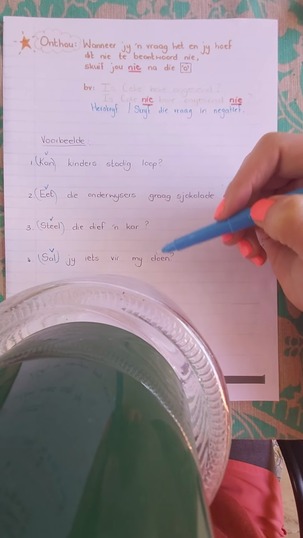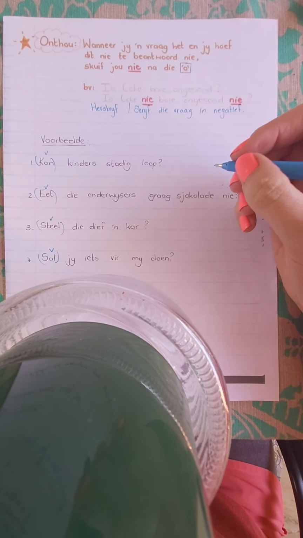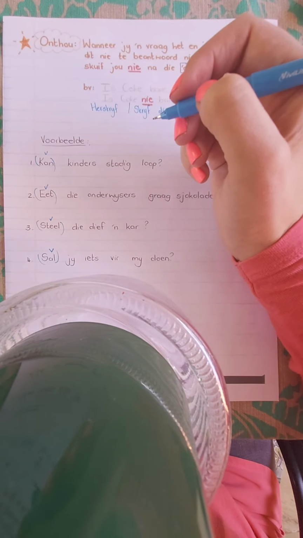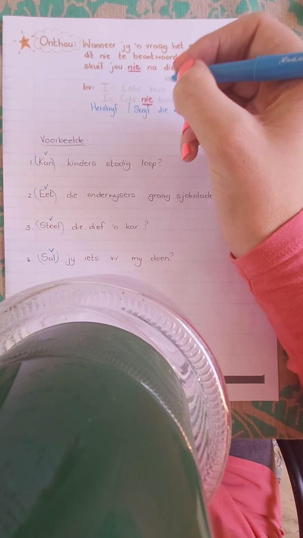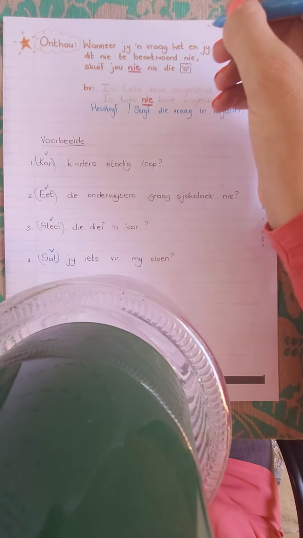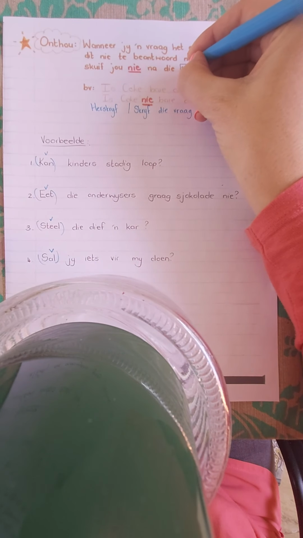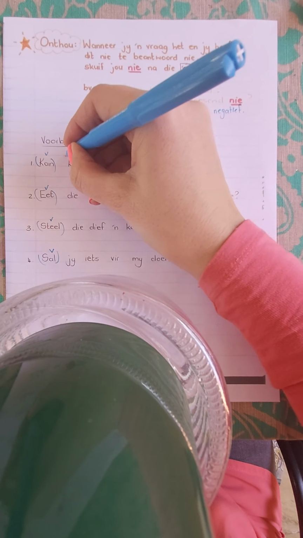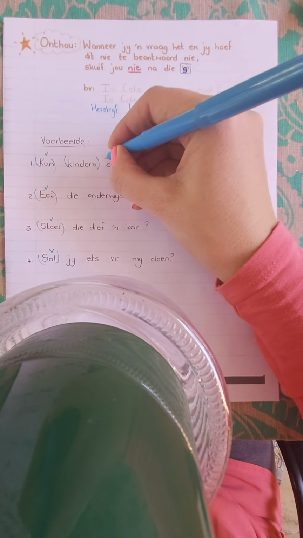So each one of these sentences have a verb. Now, the very next thing that you need to write down, sorry, please just make a change. It should say subject, not object. So you're going to make sure that you label everything.